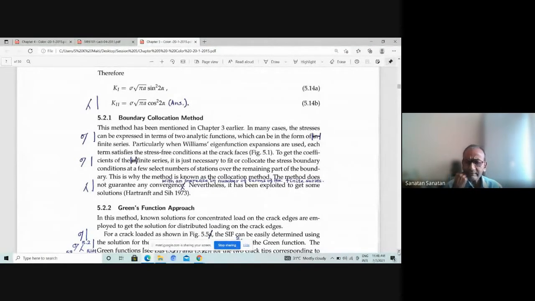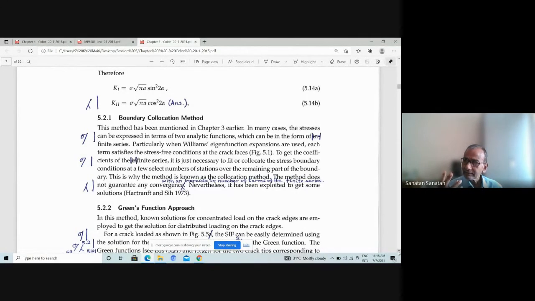So in such cases, how do you actually extract the SIF? You are going to have expansions involving z to the power minus half, z to the power 0, z to the power half, z to the power 1, and so on. Stress is given in terms of these exponential expansions, and it will have an infinite number of coefficients also.